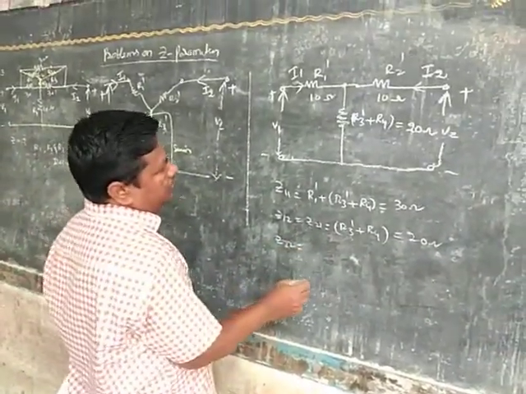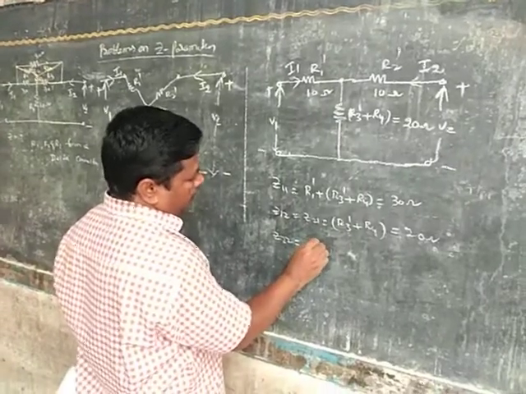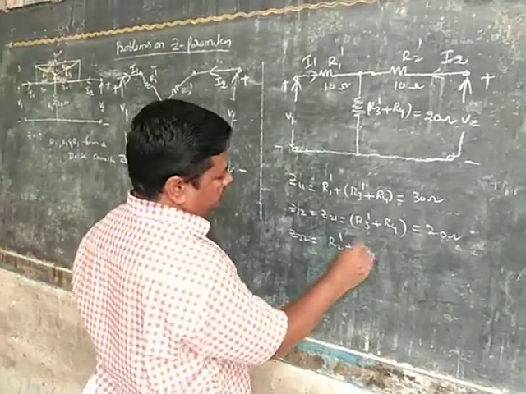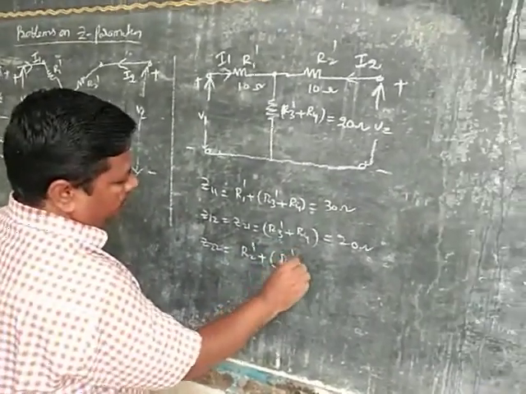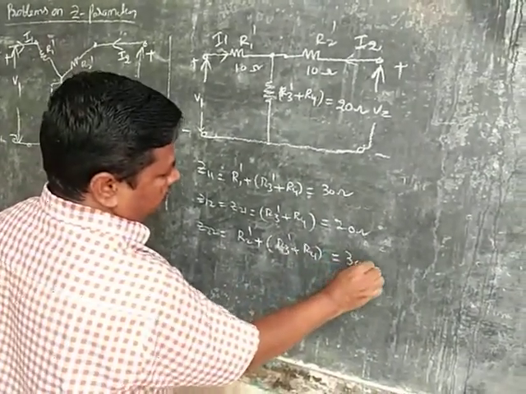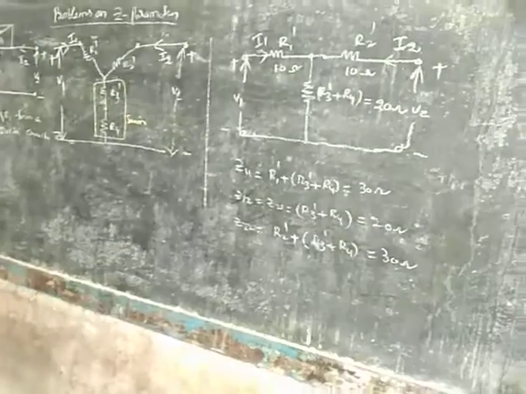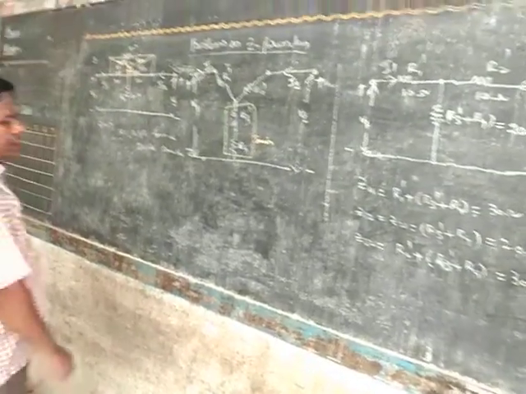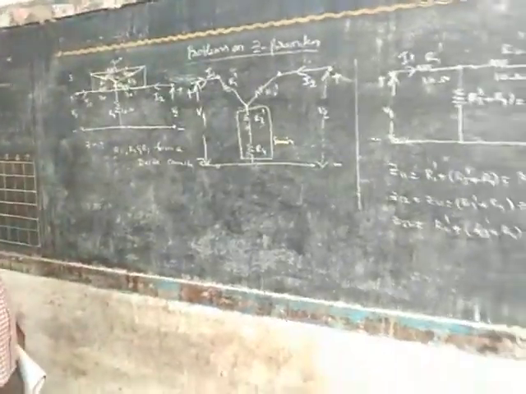Then Z22 is equal to R2 dash plus R3 dash plus R4, that is equal to 30 ohms. Like that you can calculate Z parameters.